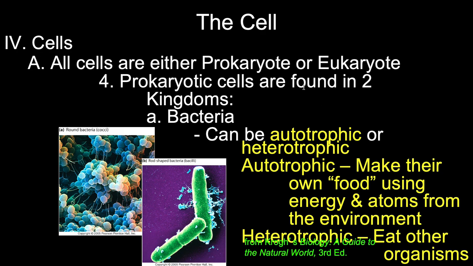We already defined these terms earlier in the semester, but just to remind ourselves, some bacteria can make their own food, so they can do photosynthesis or other processes to make their own glucose. By making that glucose, they can then use it to fuel their metabolism. Other bacteria are heterotrophic. They have to consume resources from other organisms, so they get their resources maybe from eukaryotic cells, for example.